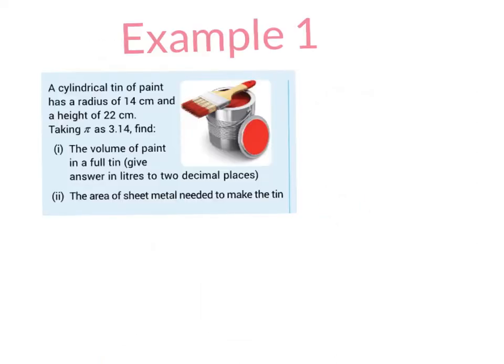Okay, so we're going to do example 1 together here. A cylindrical tin of paint has a radius of 14 centimeters and a height of 22 centimeters. Taking pi as 3.14, find the volume of paint of the full tin. So I'm basically finding the volume of a cylinder. We know the formula, it's in our log tables, it's pi r squared h.